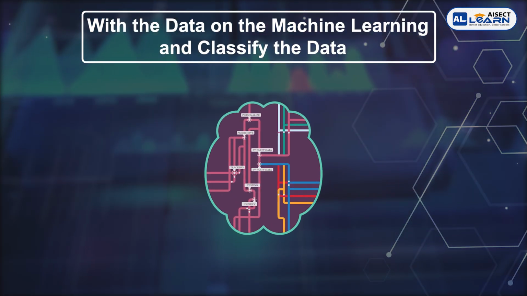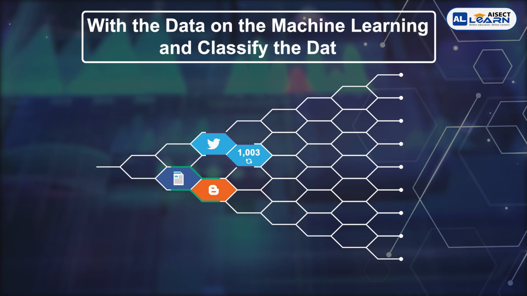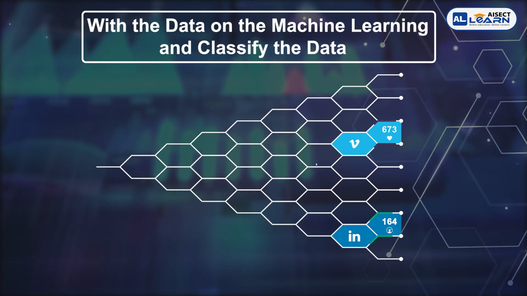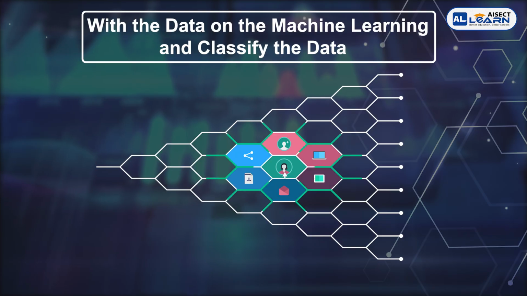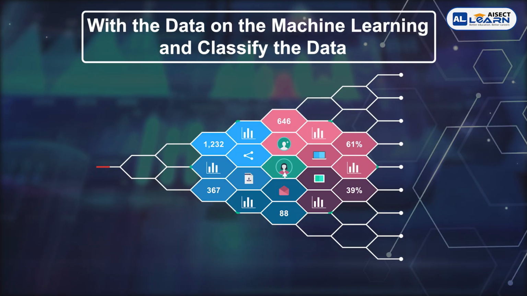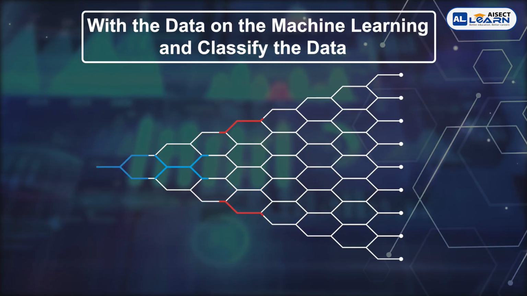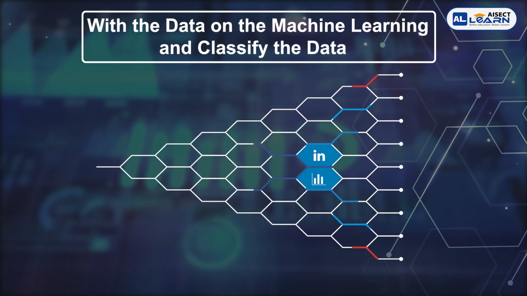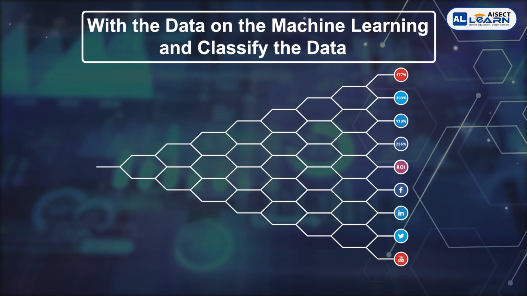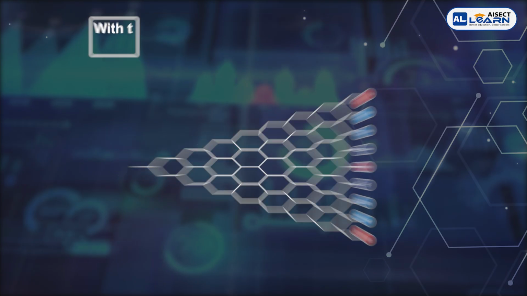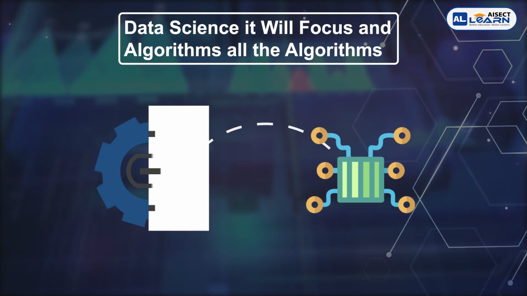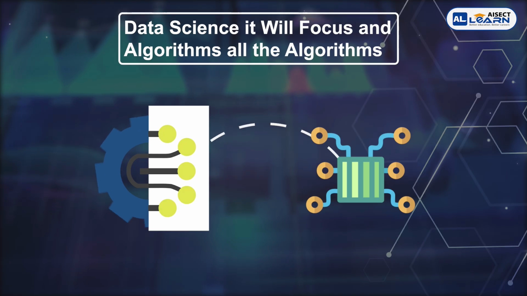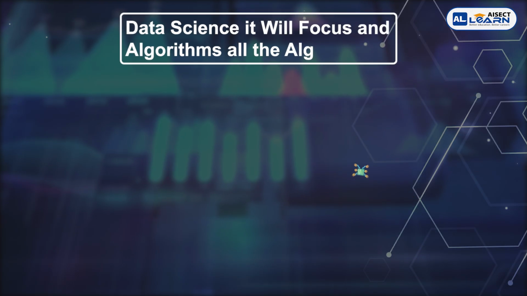It won't just use the existing algorithms; with existing algorithms, we need to create one new algorithm to automate the whole process. The machine learning will use existing algorithms, whether supervised, unsupervised, or reinforcement, to classify the trends. But data science is a broader term. It focuses on all the algorithms and statistics, and also takes care of data processing.